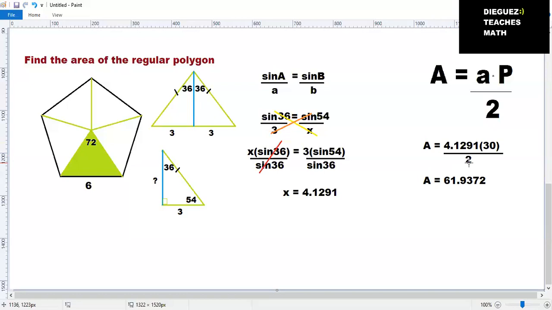When you put this on the calculator, it should give you 61.9372, which means that the area for this regular polygon with sides 6 gives you 61.9372 units squared.